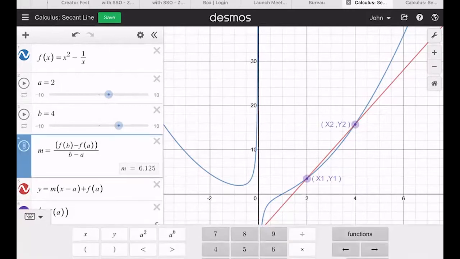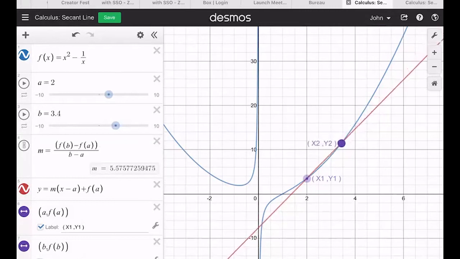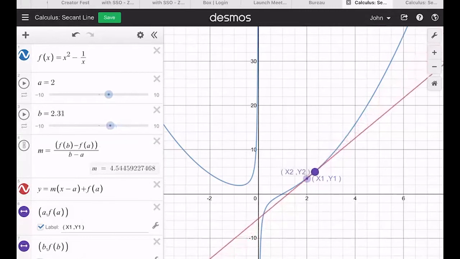And that's written over here in the formula that we've had in class, f of b minus f of a over b minus a. That's exactly the change of the y values divided by the change of the x values. In this case, Desmos will calculate it for you, and it's 6.125, which is the answer that we got when we said whatever earlier. And the cool thing about calculus is we can do some algebra and simplify this and actually get an expression for it. And as b gets closer and closer to a, what happens when it's really close to a?